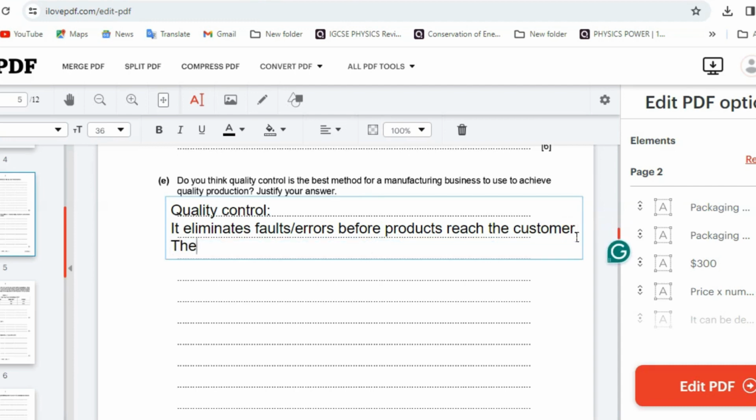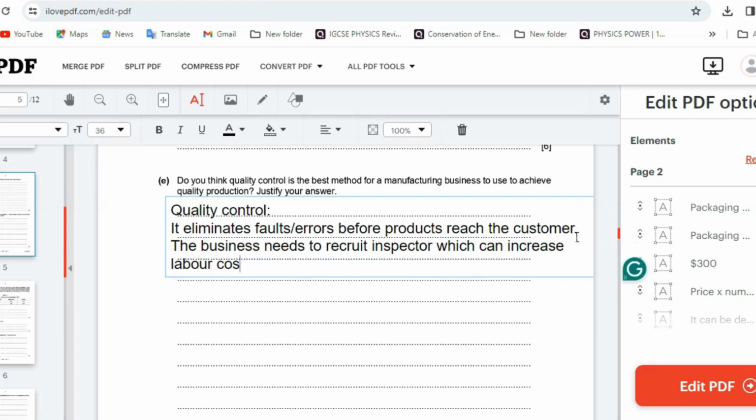The business needs to recruit inspectors that will check the product, and this can actually lead to what? Which can increase labor cost. It can increase labor cost.